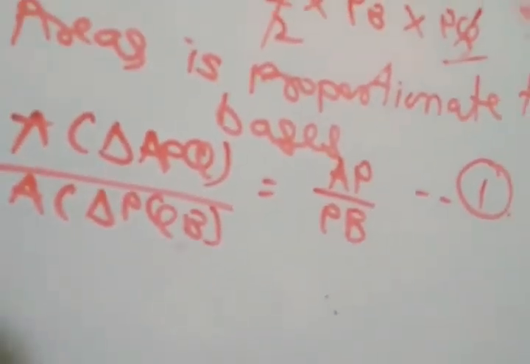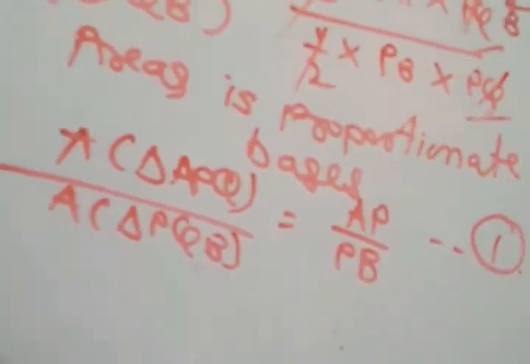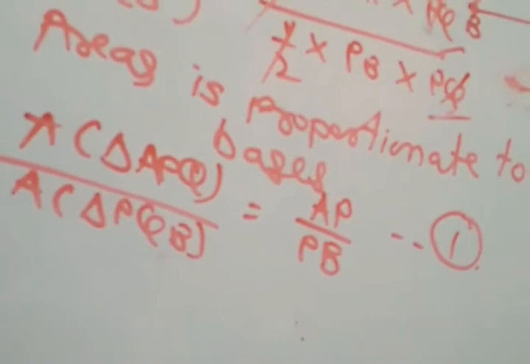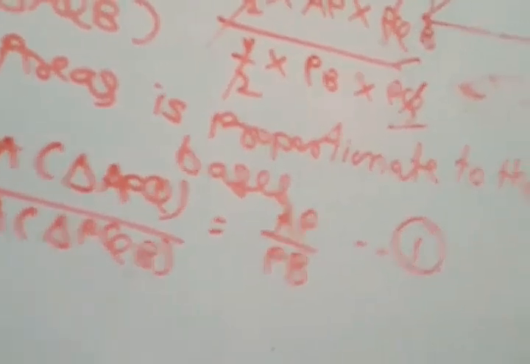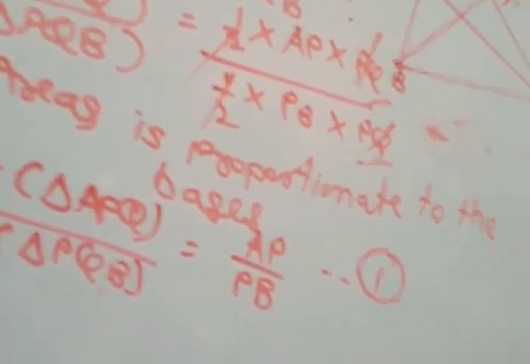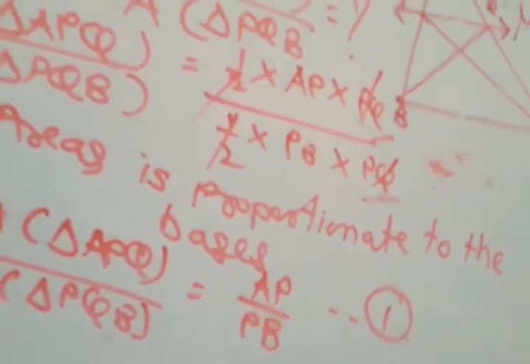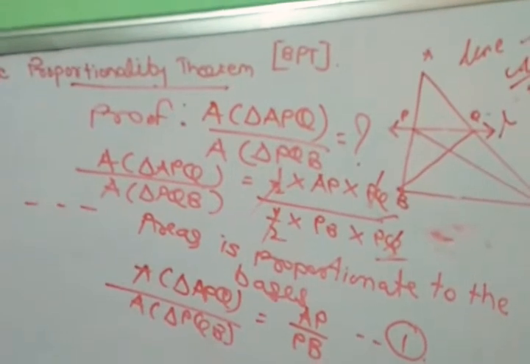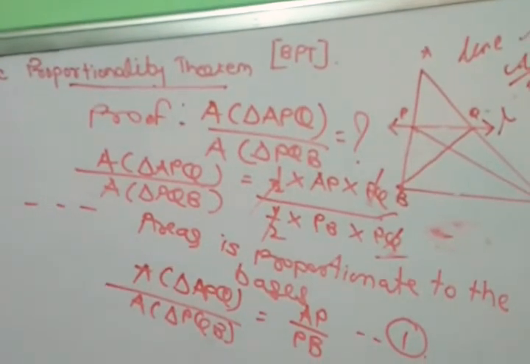Area of triangle APQ by area of triangle PQB is equal to AP by PB. So areas are proportionate to the bases, because the bases are not equal and the heights are equal. So the height cancels. So friends, this is the second step of our proof.